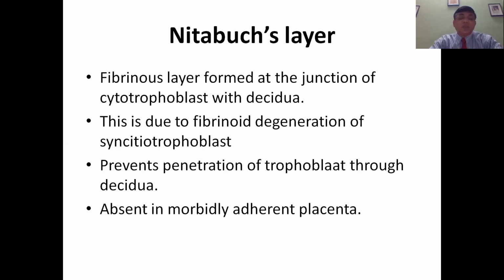Point 3: this prevents penetration of trophoblast through decidua. And it is absent in morbidly adherent placenta.